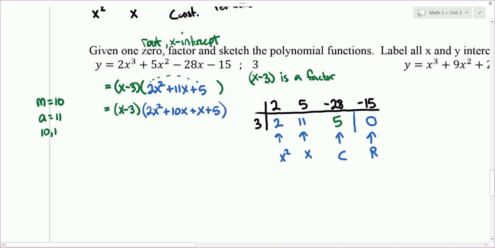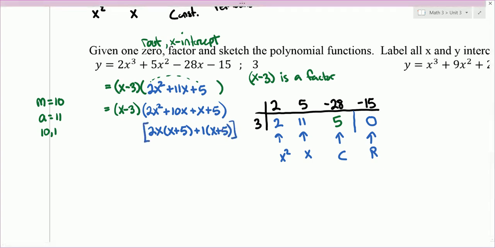And then we look at the left two terms. We can factor a 2x out. And we're left with x plus 5. Look at the right two terms. You could factor 1 out. We're left with x plus 5. Going to put everything in brackets, and don't forget to bring down the x minus 3.